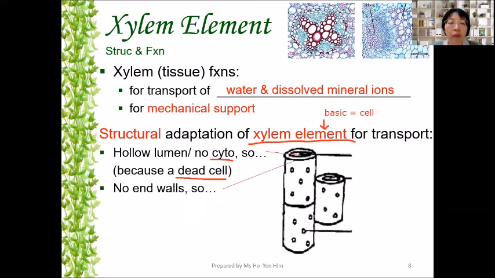So that's structure and function. And then number two, there are no end walls. In a normal plant cell, when the cell is newly formed, there must be a cell wall, right? So let's say, for example, this cell is newly formed, after mitosis and cytokinesis. You get a cell, and the cell is usually square in shape. After cell division, in order to form the xylem vessel element, the cell will have to go through cell elongation, followed by cell differentiation.